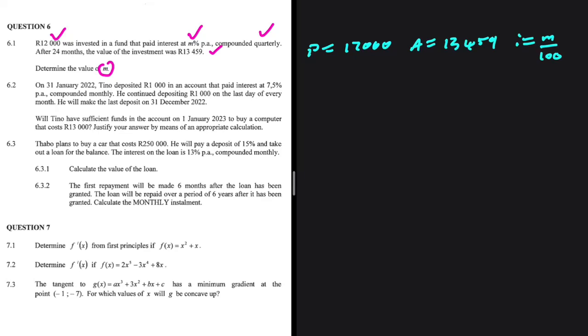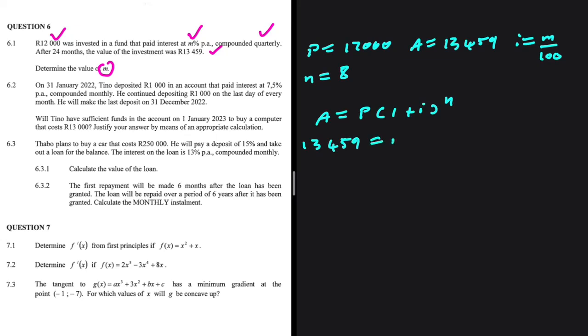After 24 months, the value of the investment was 13,459. So how many quarters do you have in 24 months? N is equal to 8. We're going to have the accumulated amount being equal to the principal amount multiplied by 1 plus I, everything to the power N. The accumulated amount is 13,459.